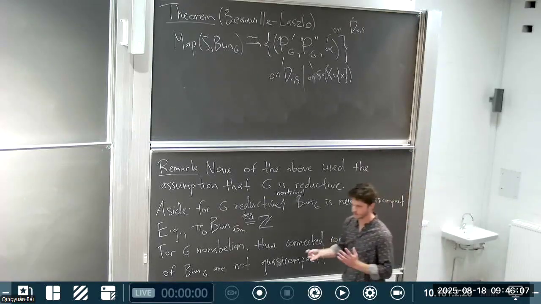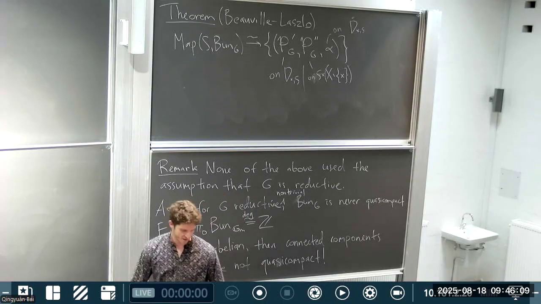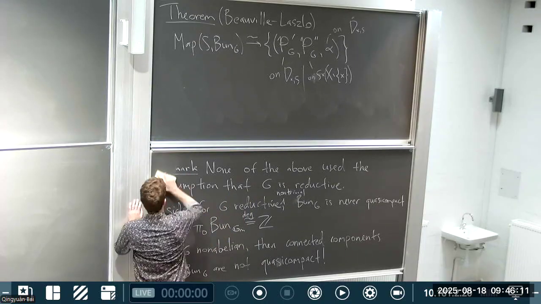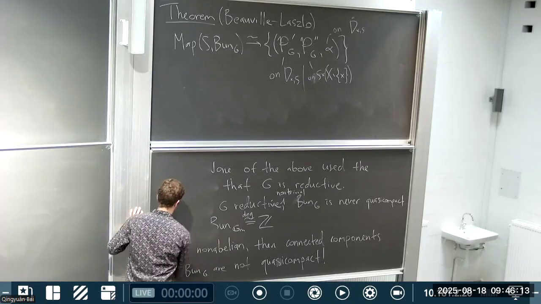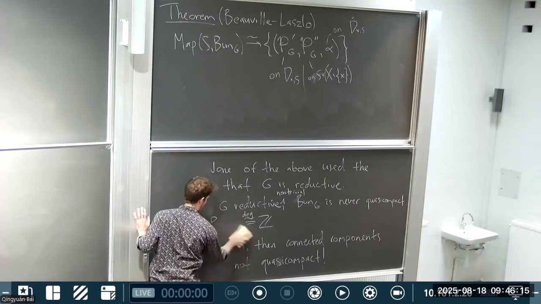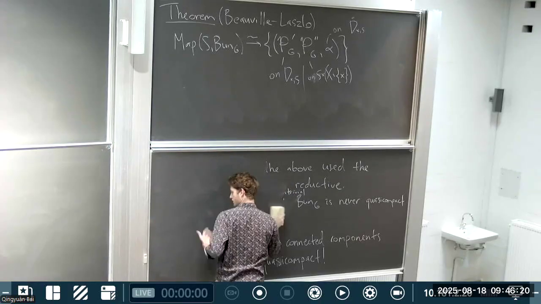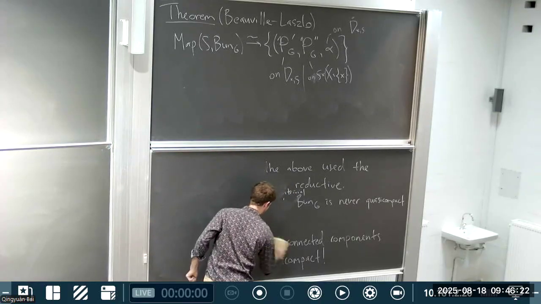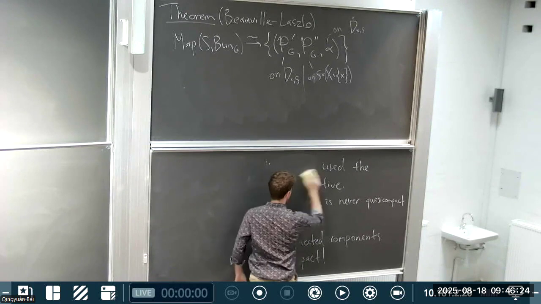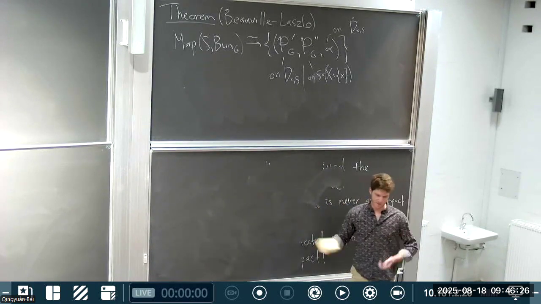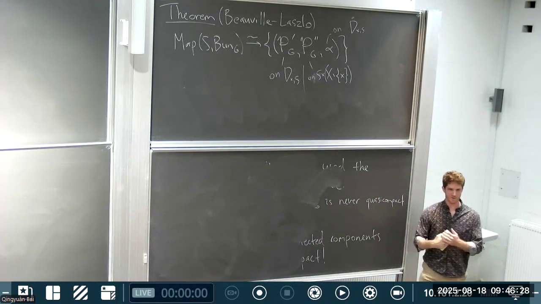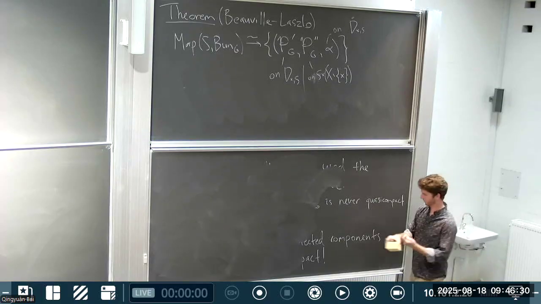Part of the data of the G bundle is this thing that's local near x. And then I have a bunch of what are called Hecke modifications at the point little x, which I'll now describe. These are some kind of local symmetries of the stack of G bundles, which are going to be very important in the Langlands program.